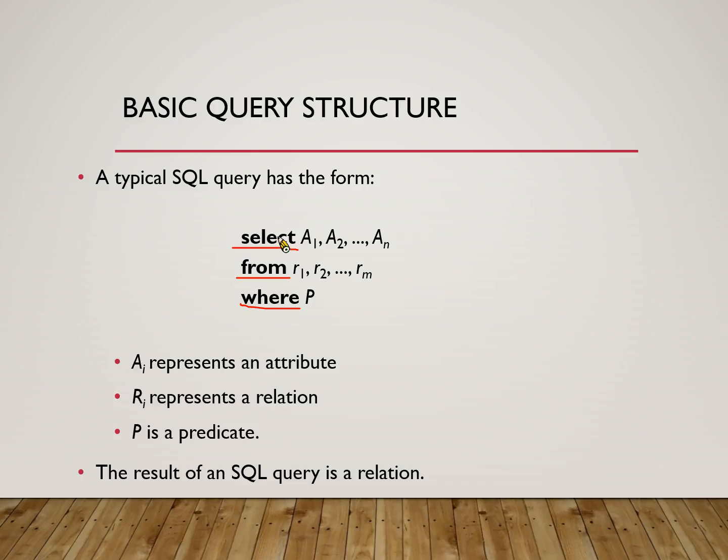After the keyword select, we can indicate the attribute names we want to retrieve, followed by the keyword from, where we indicate the relation name. And if the query contains conditions, we can indicate these conditions. We have to notice that the result of any SQL query is also a relation.